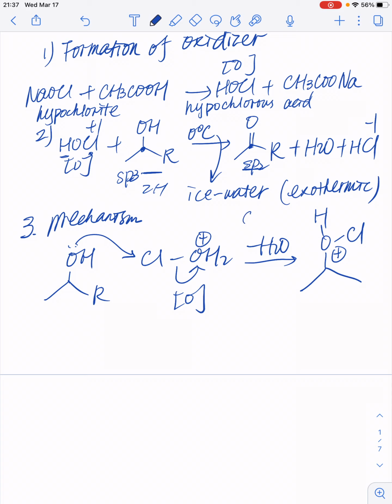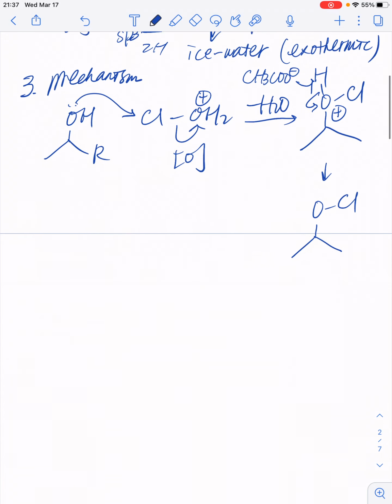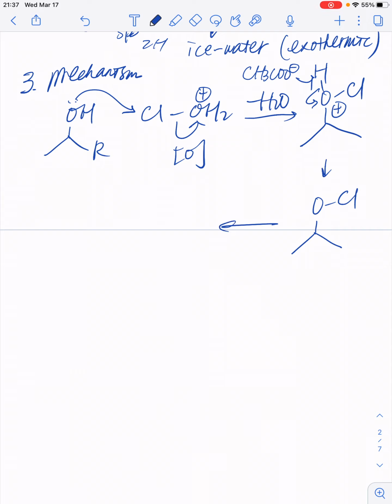We're going to have a base, let's say acetate, to snatch away the proton. Also an intermediate, right? Well, we know you're going to form a carbon-oxygen double bond, which means that you need to eliminate the proton and at the same time kick off the chloride, right?